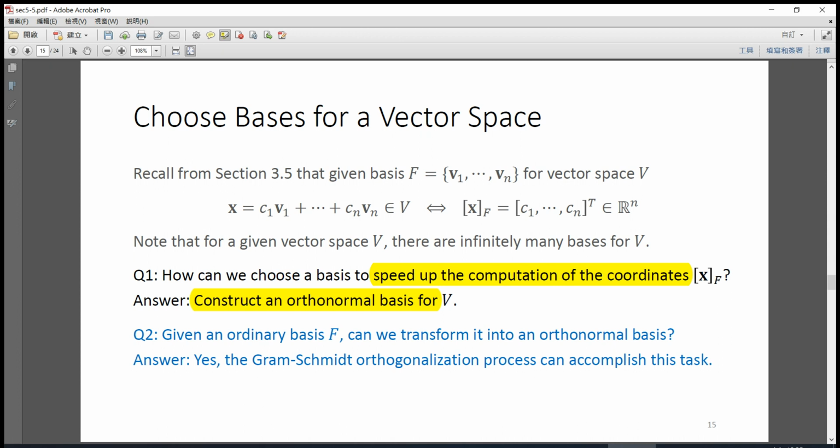And given an ordinary basis, can we transform it into an orthonormal basis? The answer is yes. In section 5.6, we will introduce the Gram-Schmidt orthogonalization process to accomplish this task.